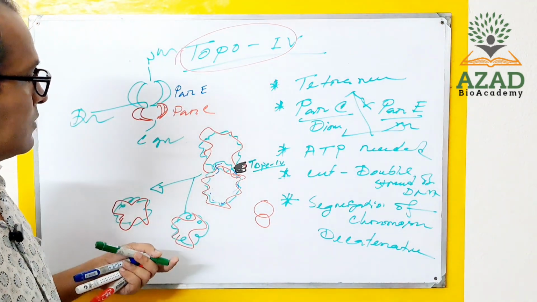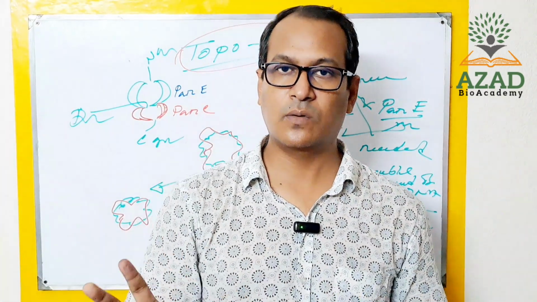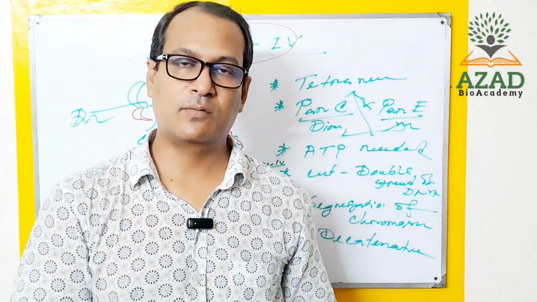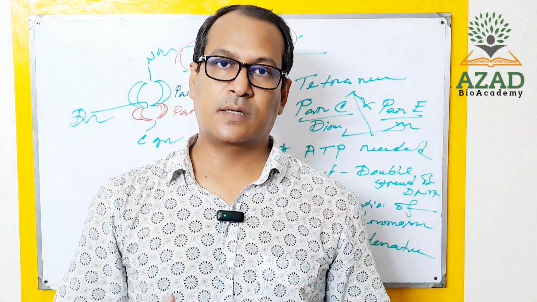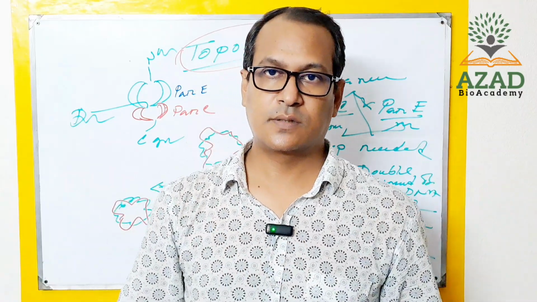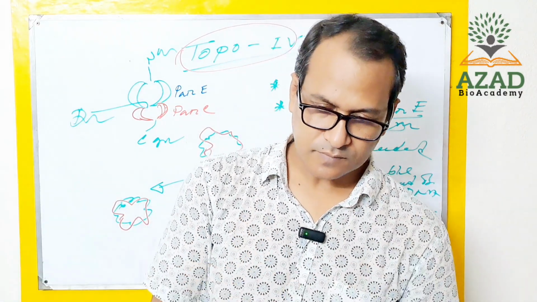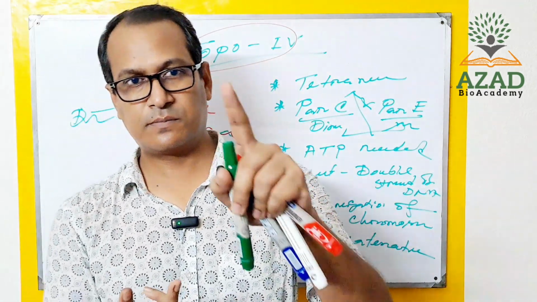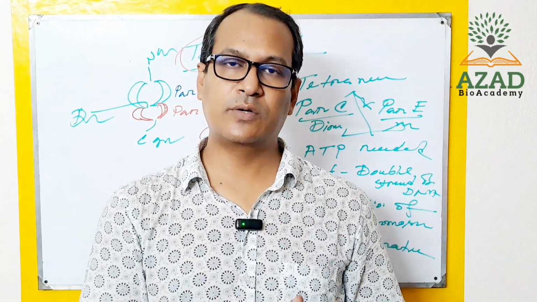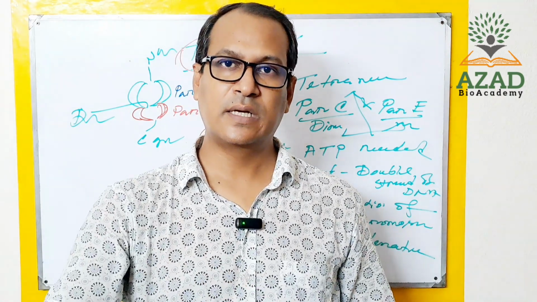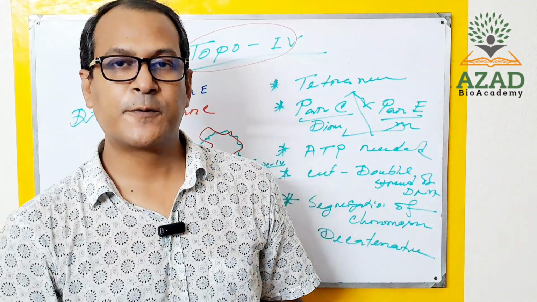Now I will sum up the overall topoisomerase 1, 2, 3, 4, and then I will go for the antibiotics regarding these topoisomerases. So topoisomerase 1 is monomeric. It will cut the single strand of the DNA, and it will work during transcription and replication, negative supercoiling and positive supercoiling.